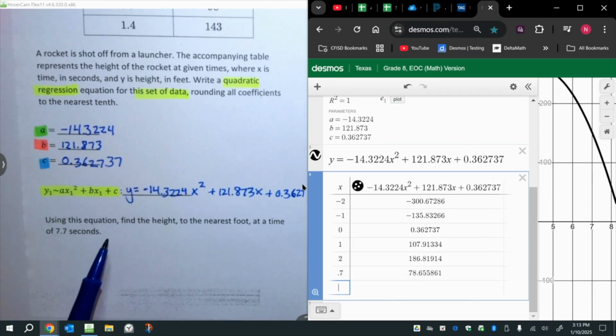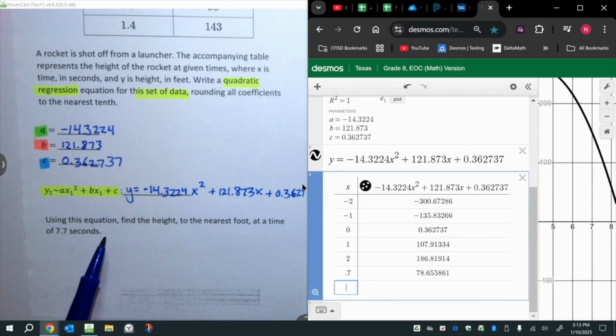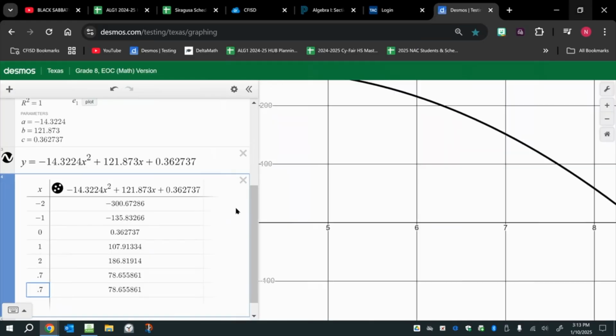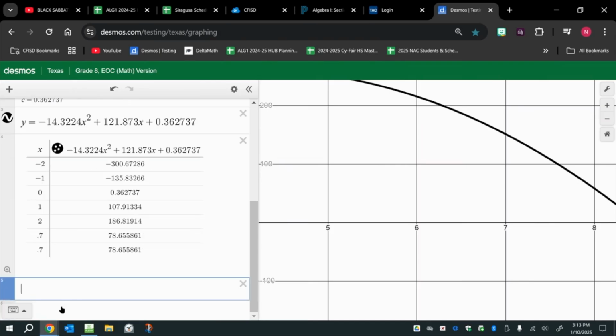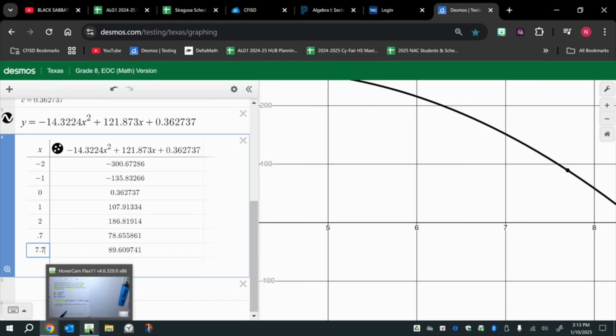So if we put in 7.7, again, for whatever reason, I don't know why it's not showing up very well. 7.7. There we go. And that's the same number that we just saw a minute ago with the 89.